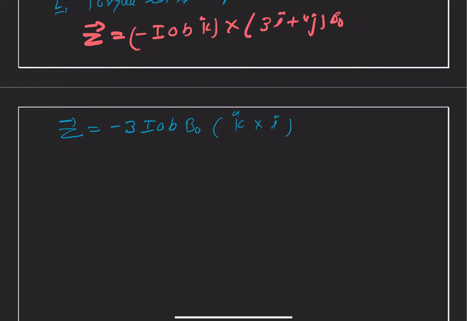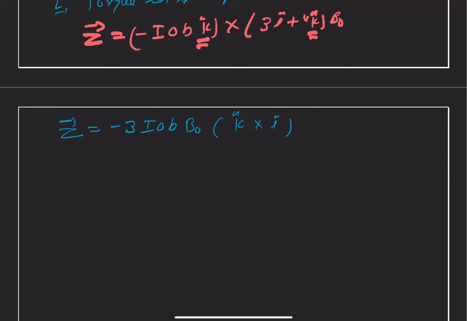Here the second term is 4, with k unit vector cross k unit vector, which will give us 0, since k cross k is equal to 0.